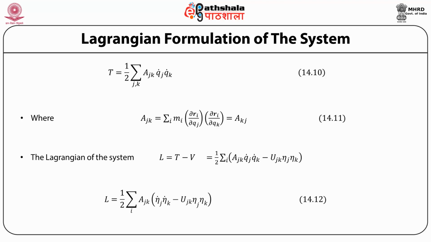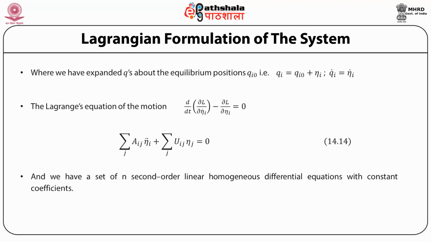The Lagrangian of the system can now be written very easily as L equal to T minus V, and the Lagrangian is then half sigma over j and k of a_jk eta j dot eta k dot minus u_jk eta j eta k. Now the Lagrange equation of motion is d/dt of dL by d eta i dot minus dL by d eta i, in terms of these departures from equilibrium position.